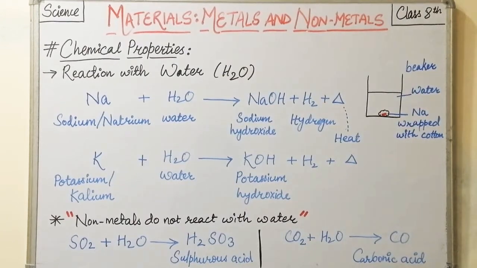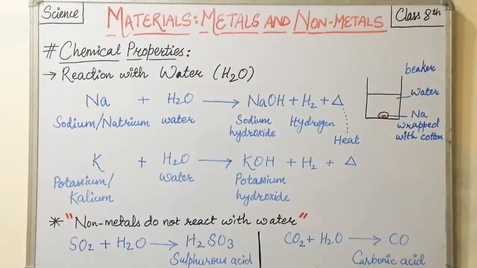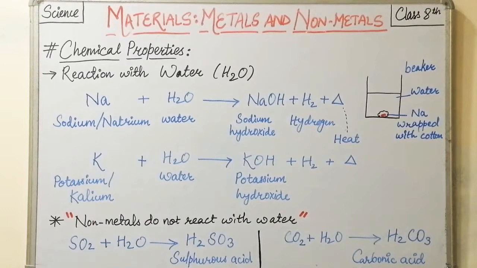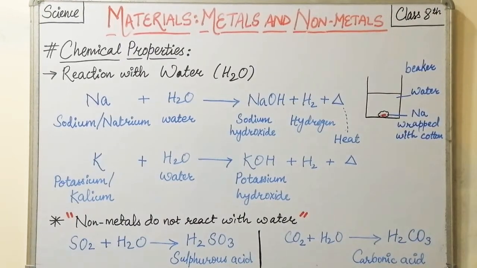Then carbon dioxide, which is again a non-metal oxide, when it reacts with water, gives carbonic acid. Carbonic acid is H2CO3, not CO, which is your carbon monoxide. So this H2CO3, that is carbonic acid, and H2SO3, sulfurous acid, are formed by the reaction of non-metal oxides with water.